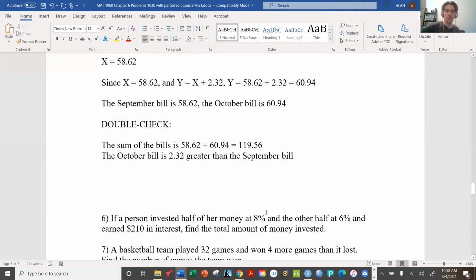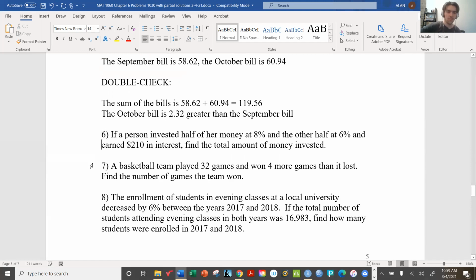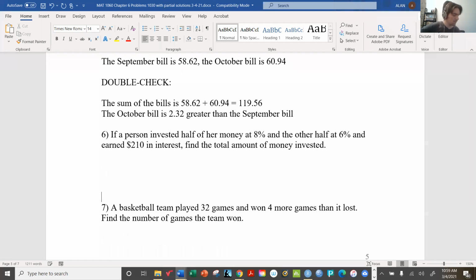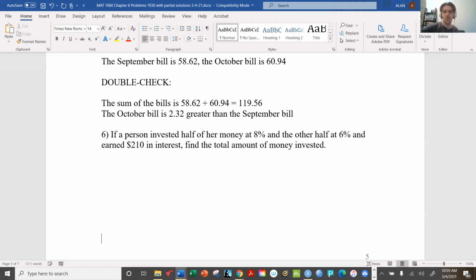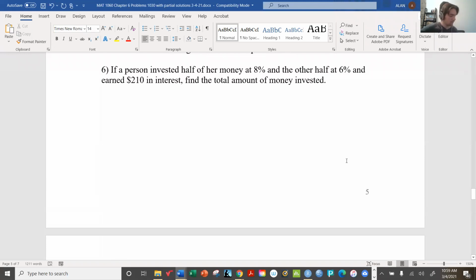Now, what's next? Ooh, now this one's a little more challenging. And I've noticed in the past, people find this one to be not as much fun, let's say, as the other ones. So here's what we have to visualize. You're putting your money in two different accounts, let's say in a bank.